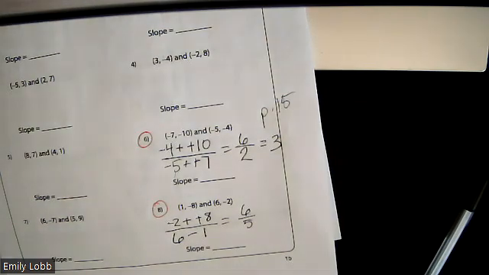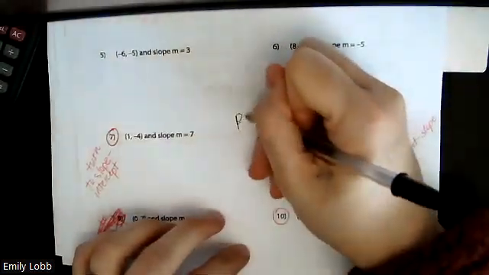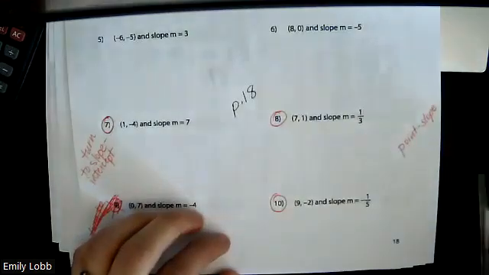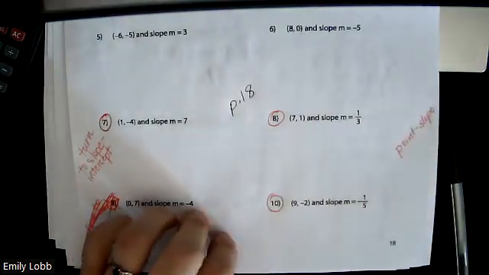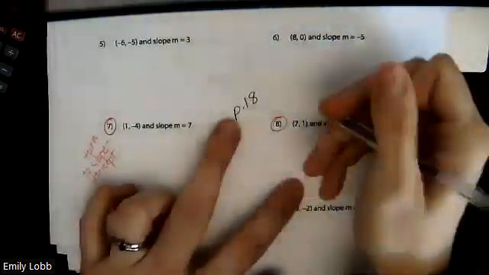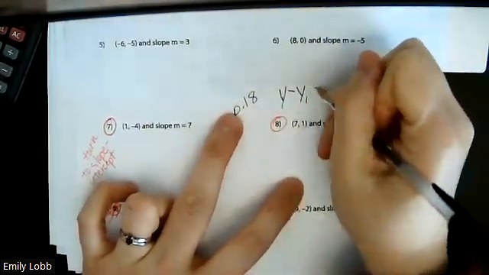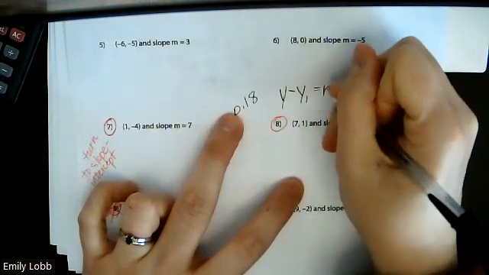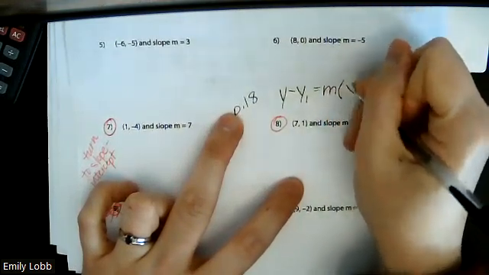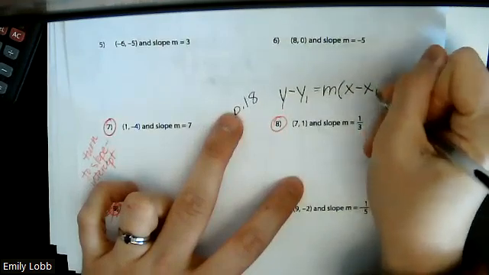We are going to look at point slope form. So I'm going to jump to my next earmarked section, which I earmarked page 18 in your packet. So we're simply using the form y, and then the opposite of the y value is equal to the slope times the quantity of x and the opposite of the x value.